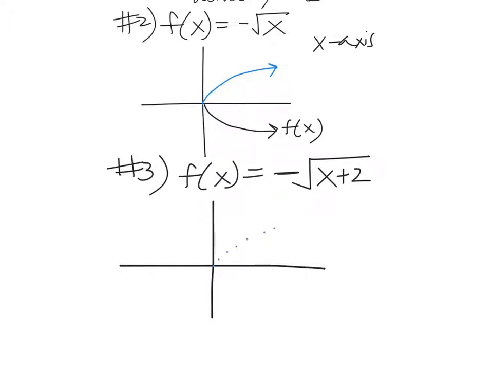Sometimes I dot it because I know it's not part of my graph. I'll dot it. And I know that I need to shift 2 to the left. So that would be over here now. Okay? And the negative tells me to reflect over the x-axis. So my graph would be right there. And that's it. Okay? On this one, I could have reflected first and then shifted. It didn't matter.